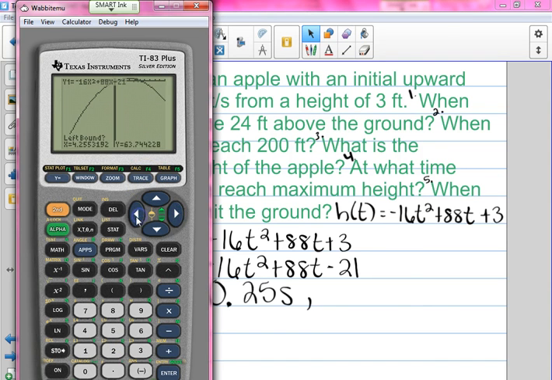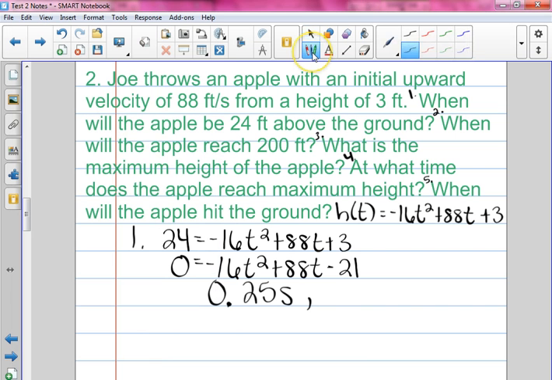You have to be above, below. If you're having trouble with that, use your diagram I gave you. And the second time is at 5.25 seconds. So on the way up, it hit it after 0.25 seconds, and then on the apple's way down, it hit at 5.25 seconds.